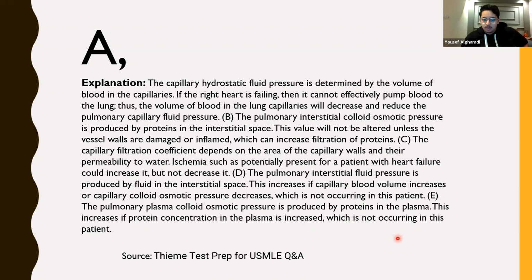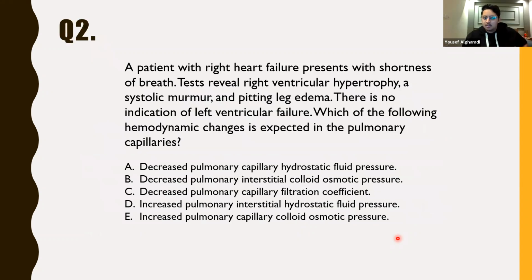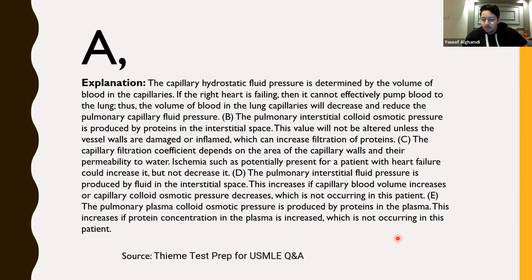So I don't think there will be much of a change, but if anything, it would decrease, not increase, because there's less blood going, so there's less proteins, but I'm not entirely sure. I will make sure on this and reply to you, and I have my number in the beginning and at the end of the lecture, and if you find out, you can tell me also. I'm not entirely sure what happens with the colloid osmotic pressure.